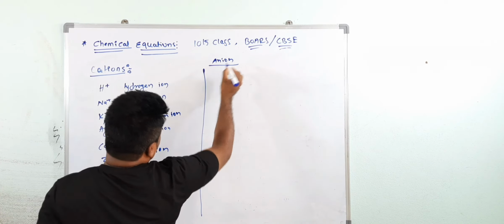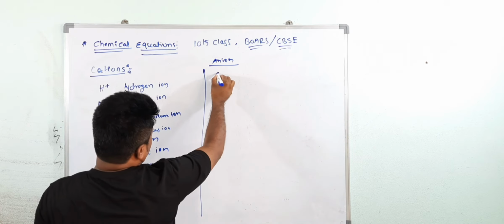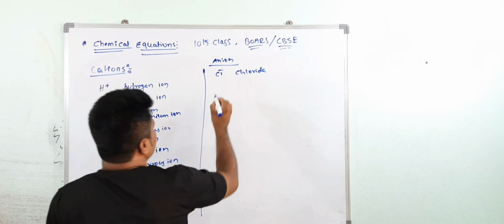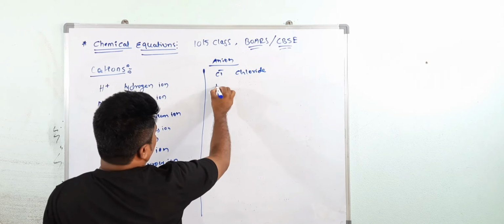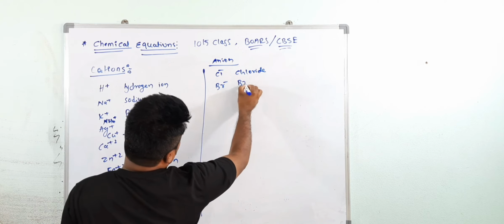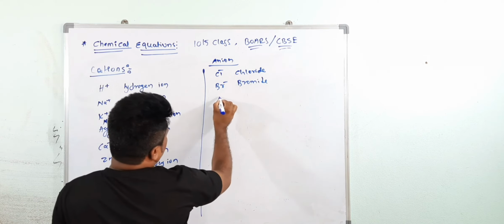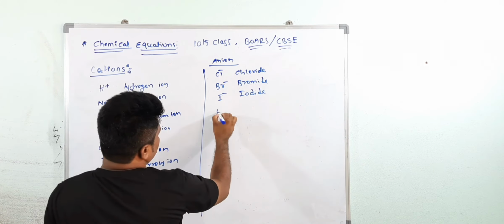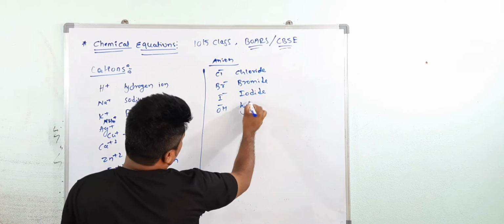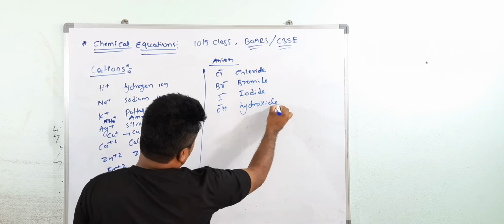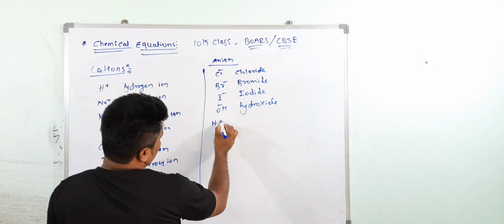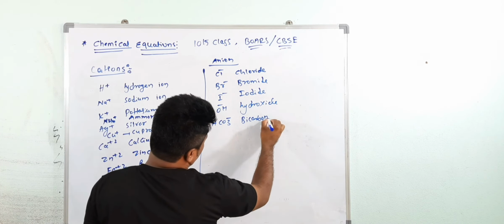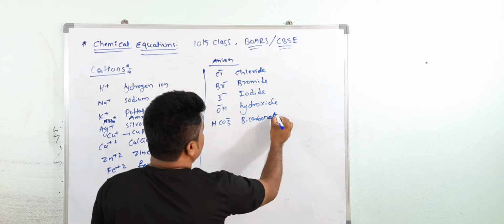Now I will give the list of anions. First is Cl-, chloride ion. Br-, bromide, and I-, iodide. OH-, hydroxide, and HCO3-, bicarbonate ion.